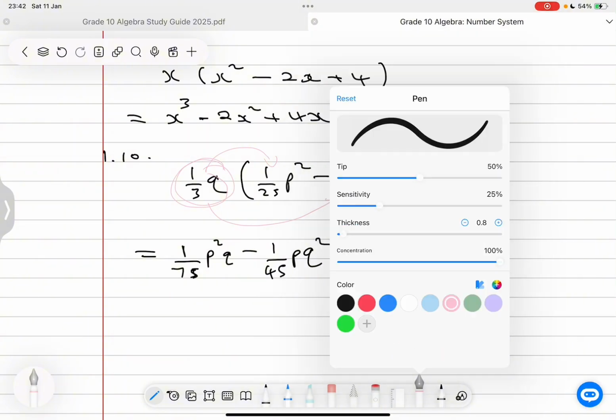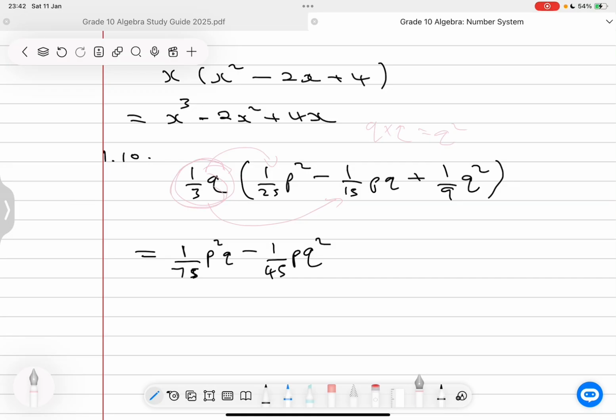Now we are going to multiply this term again, 1 over 3q, with 1 over 9q squared. Now this would give me a positive because they are both positive. The 1 and the 1 at the top there would give me a 1, but 3 times 9, we all know that is 27. So that now I have a q to the power 3. How do I get to that?